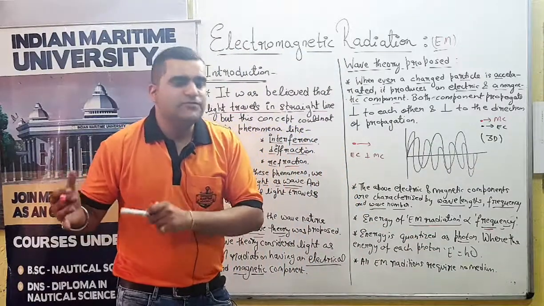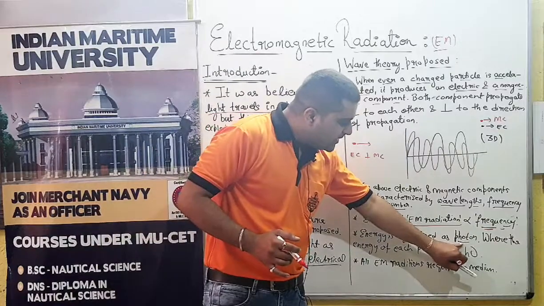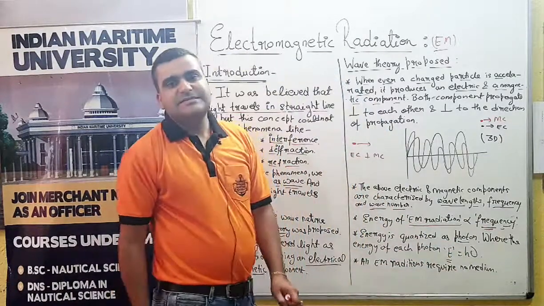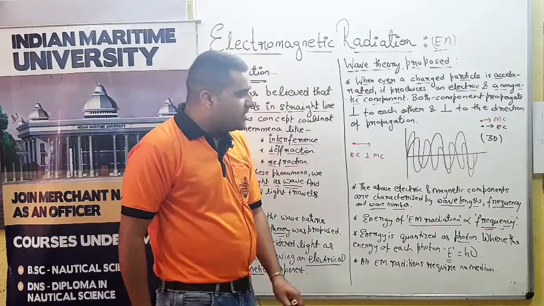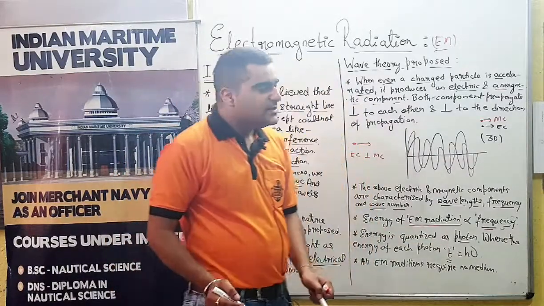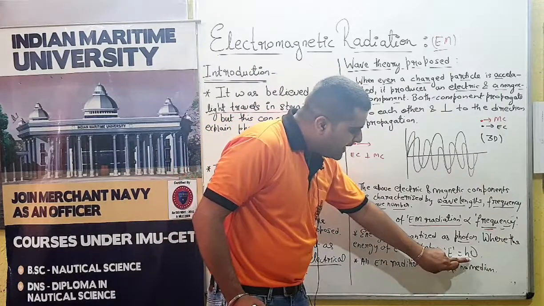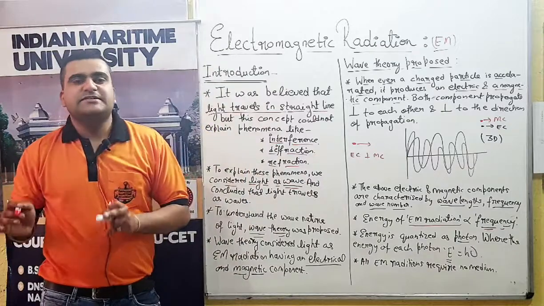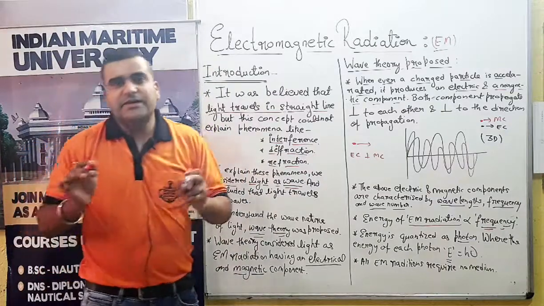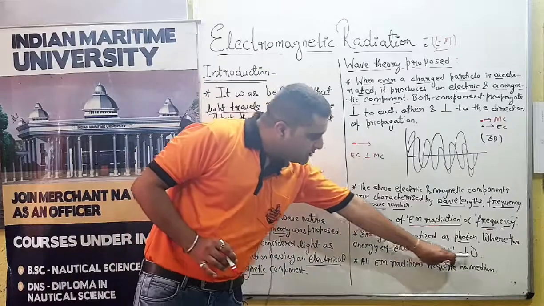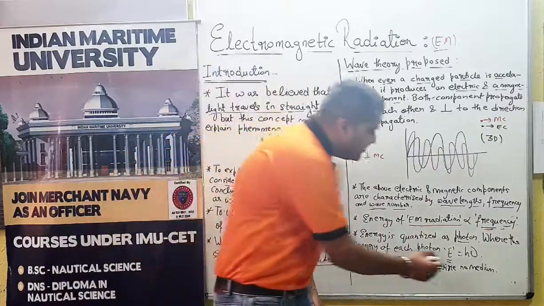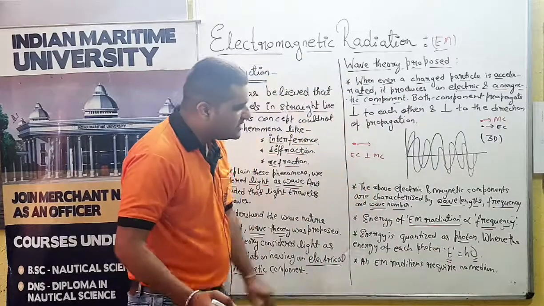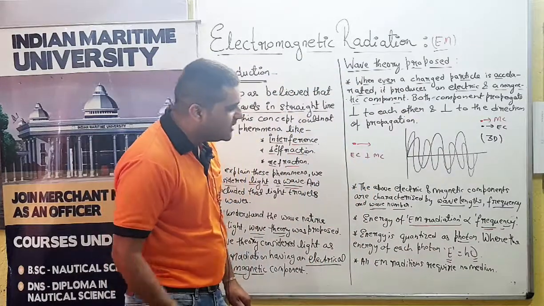The energy of each photon is denoted by capital E, where E is equal to h mu, where h is the Planck constant, which has a value of 6.626 into 10 to the power 27 erg second, and mu stands for frequency. So we can also find that E is directly proportional to mu. That means the energy of radiation is directly proportional to the frequency.